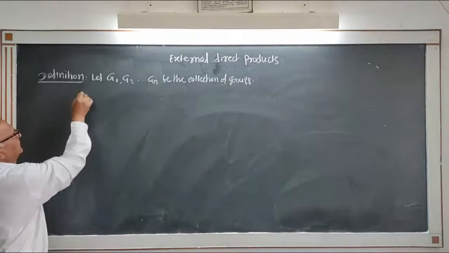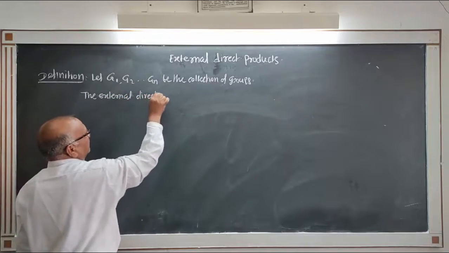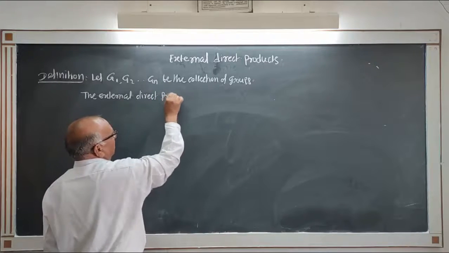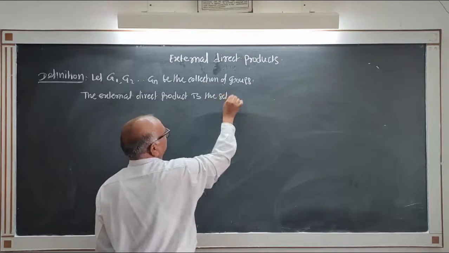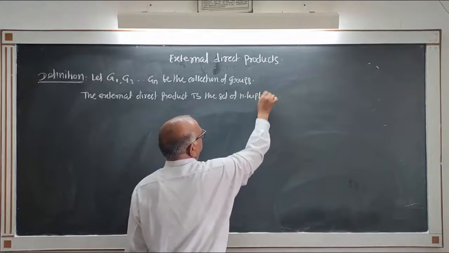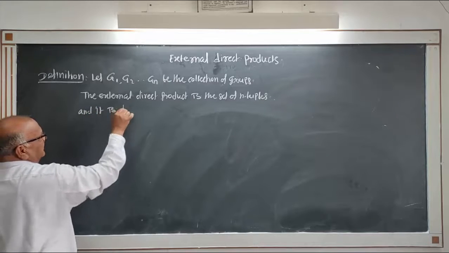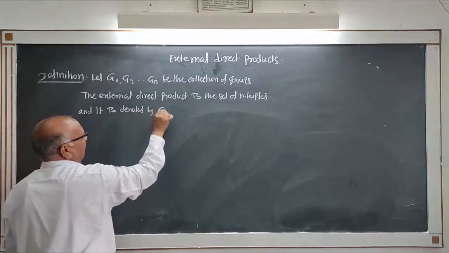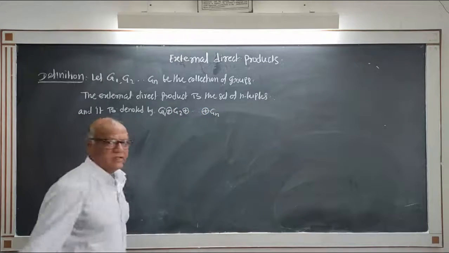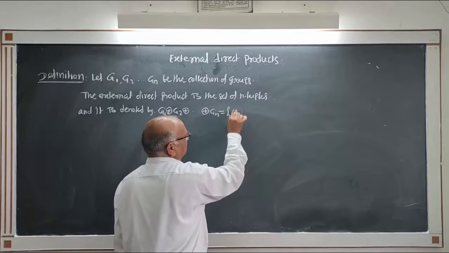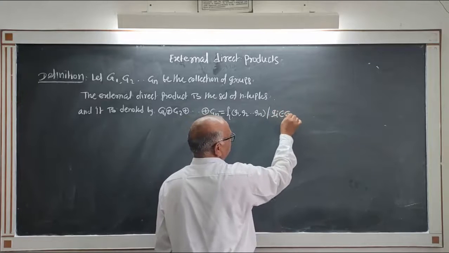The external direct product is the set of n-tuples and it is denoted by G1 ⊕ G2 ⊕ ... ⊕ Gn, and this set is equal to (g1, g2, ..., gn) such that each gi belongs to Gi.